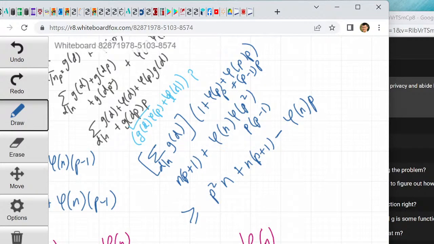So it's supposed to be greater than p squared n. I'm kind of wondering where this p plus 1 comes from.